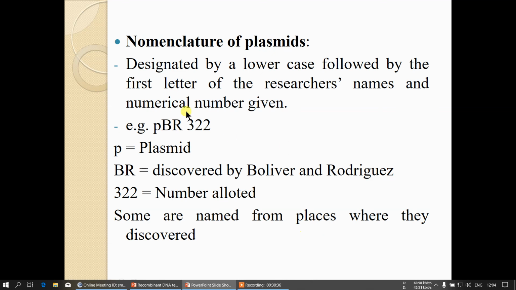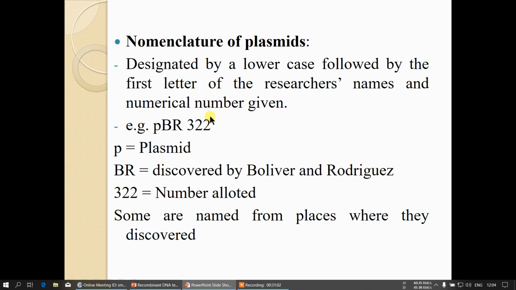How is the plasmid's name given? Nomenclature. They are designated by a lowercase first letter, for example a small p, then the first letters of the researcher's name, and a numerical number. The first letter is small p, which shows the vector is a plasmid. Then two letters from the researcher's name, BR.